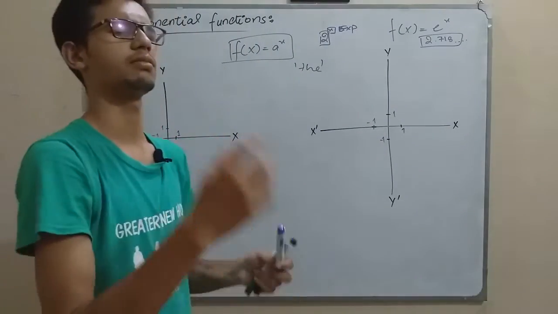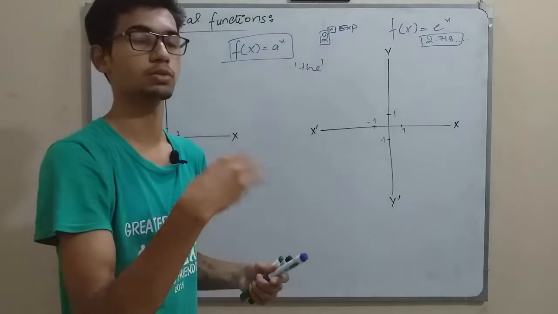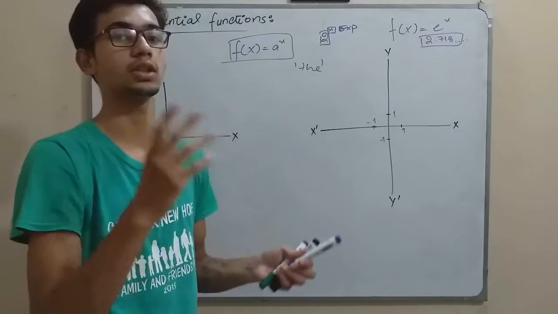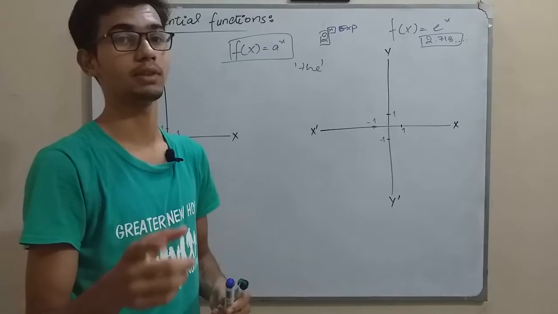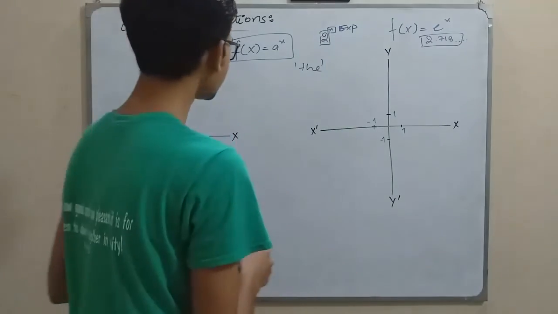It has many more numerical digits, but I used just up to 3 decimal places, hence using 2.718 as the value of Euler's number. So f of x is equal to e^x.